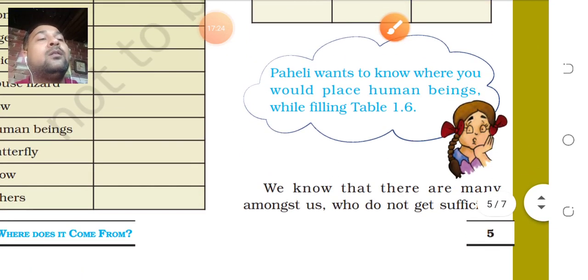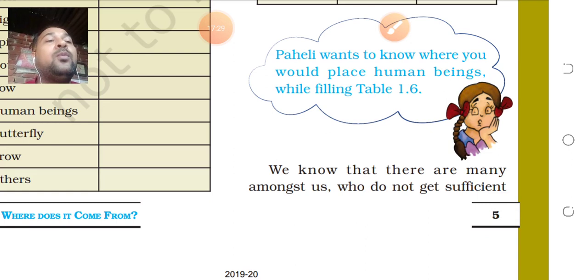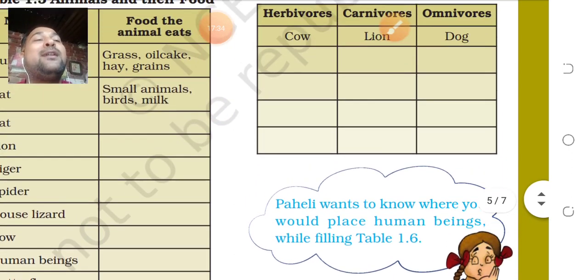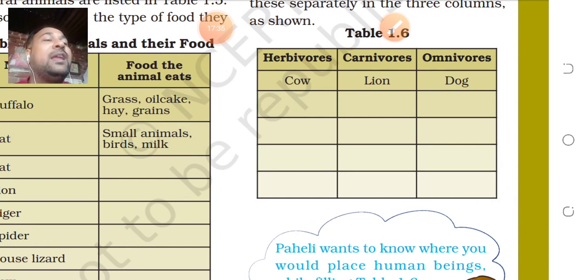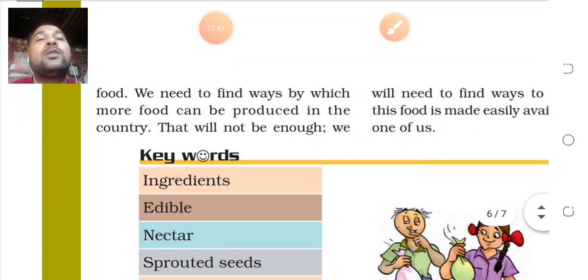Now Paheli wants to know where you would place human beings. Simply, human beings you can place in the first category and the last category: herbivorous and omnivorous.